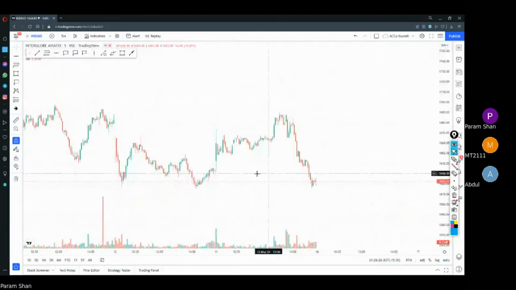Basically, this is our previous day's session for this company, Indigo. The market opened here at 9:15, and during the first 5 minutes it went till here. This is the high price, this is the low price, and this is where the price closed. In intraday there are different categories of people.